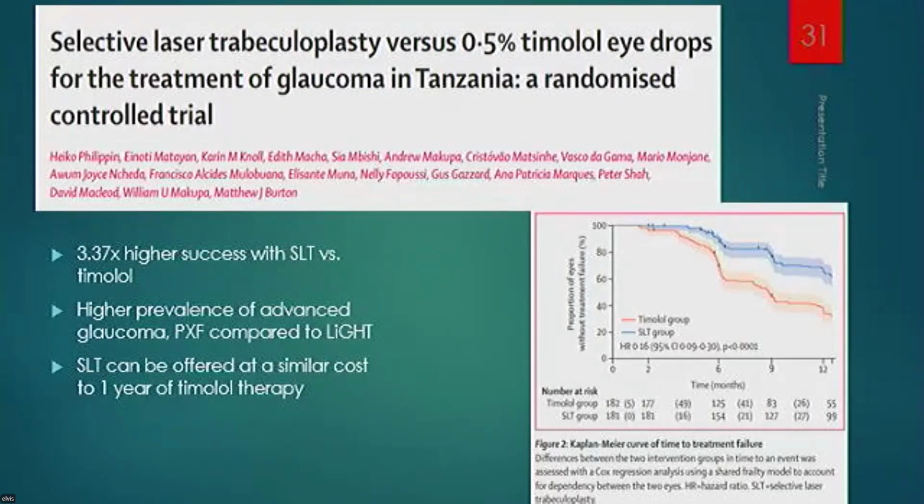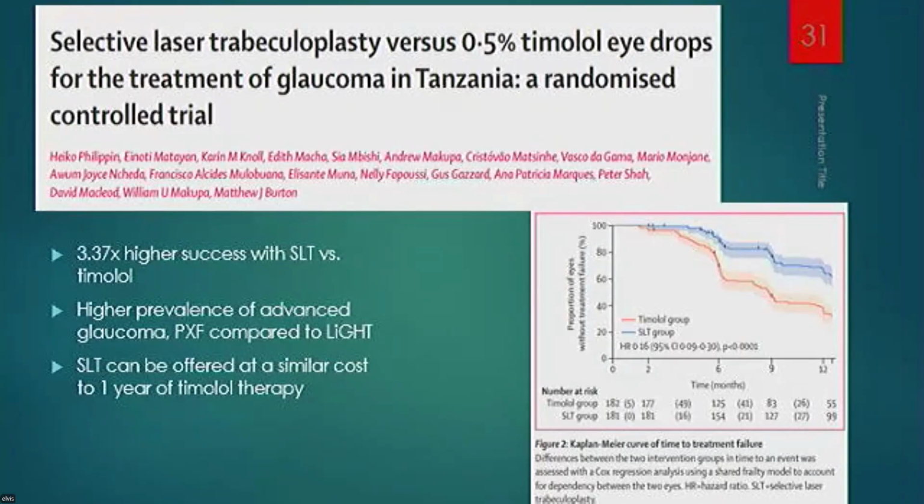And this was an RCT looking at timolol versus SLT. Timolol is a ubiquitous medication. It is often first line or at least second line, and sometimes that's the only line from a cost and access standpoint, right? And so what was seen is SLT is undeniably more efficacious than timolol.